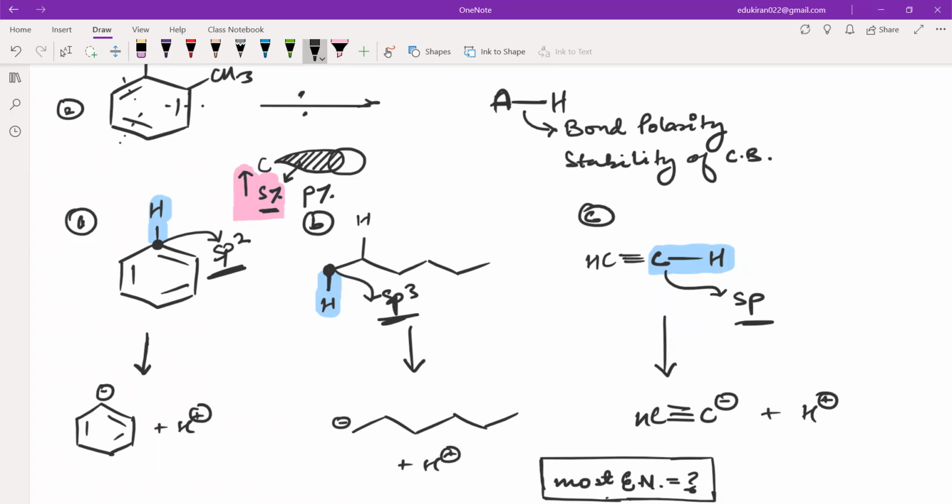Now, if the percentage s is high, the orbital is nearer to the nucleus and it is attracting the electron more effectively, then that orbital will be more electronegative or less electronegative? More electronegative. है ना? यानी कि we can say the electronegative character of any orbital is directly proportional to the percentage of s character. Yes or no? Yes, sir.